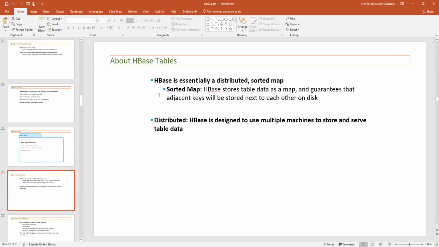Sorry, I know it could be boring today, but we need to have at least a grasp of the general idea behind HBase. The computation is distributed, which means multiple machines are working on the same data at the same time.